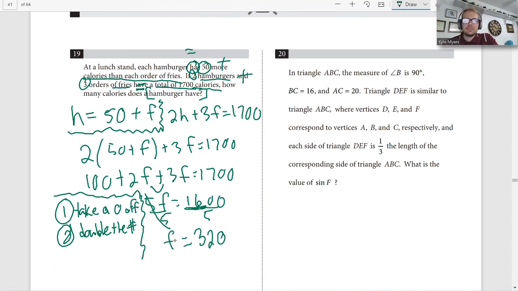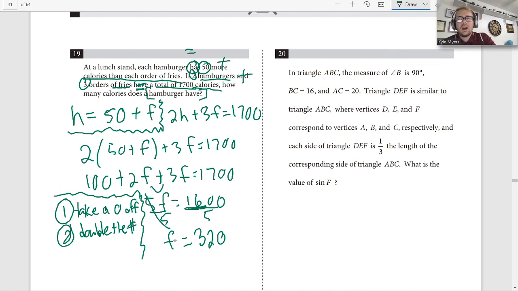So little trick, if you ever get stuck thinking what 1,600 divided by 5 is, you can do that on your scratch sheet, or actually pretty easily in your head just by doing that little trick. If you don't have a 0 to take off, I would recommend doubling the number first and then taking a 0 off, meaning move the decimal place over, because if you don't have a 0 to take off, your number is likely going to be a decimal answer.